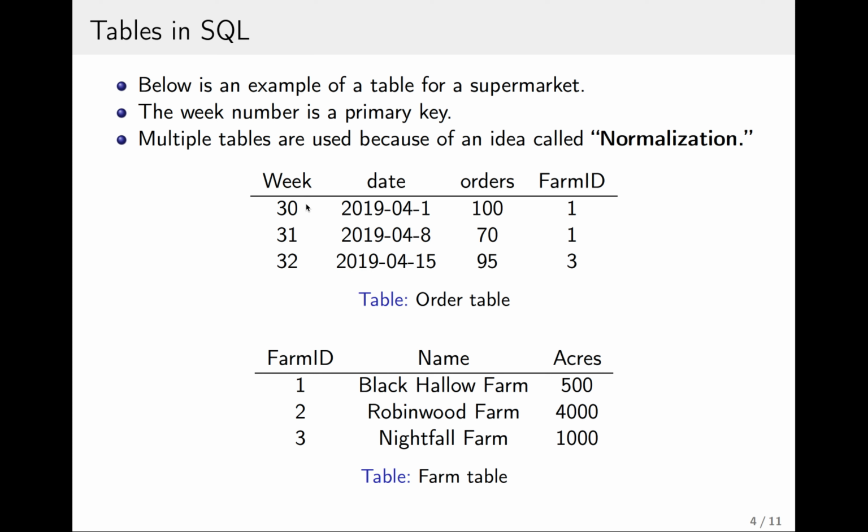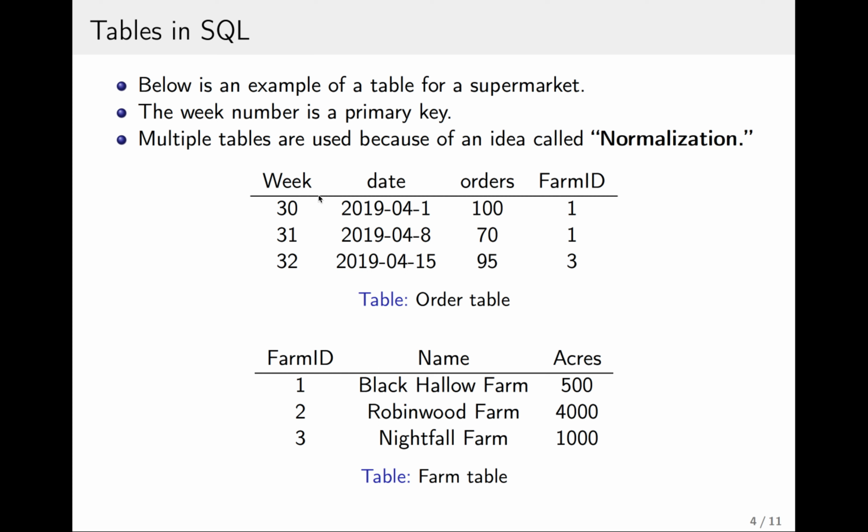There is some theory behind relational databases I'm not really going to discuss here. Here we've broken the information of an ordering system from a farm ID. If a supermarket is ordering cheese and milk and beef from a farm, we want to keep track of the orders. But here there's some theory where you break down the information into two tables.